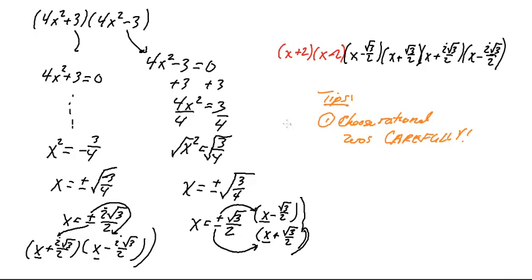Look for a sign change. If you find a sign change, then that means there's a zero somewhere in between those x values. Now that doesn't necessarily mean it has to be rational, but it can totally be there.